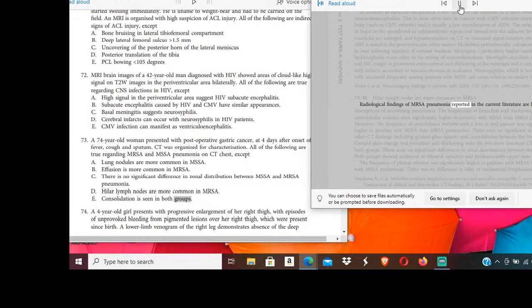Findings of MRSA pneumonia reported in the current literature are limited to descriptions of necrotizing pneumonia. The frequencies of bronchial wall thickening and centrilobular nodules were significantly higher in patients with MSSA than MRSA pneumonia.